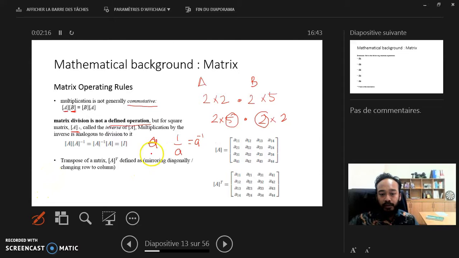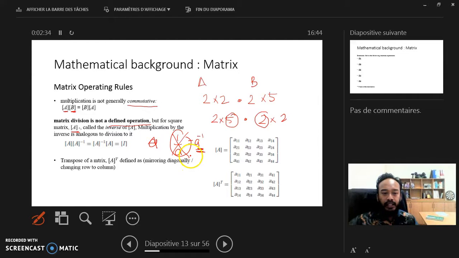This is what we call an inverse of A. In matrices, 1 over A is not a defined operation. So what we can do is only a multiplication by its inverse.